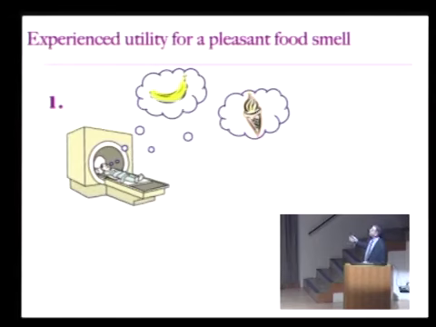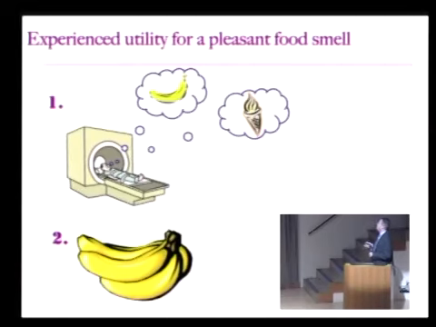And the subjects are selected to like bananas and like, let's say, vanilla ice cream. Okay, so they like both of these odors. And then what we do is we take them outside of the scanner and we feed them with as many bananas as they can possibly eat until they're full. Okay, so these are fun experiments, both for me and for the subjects.